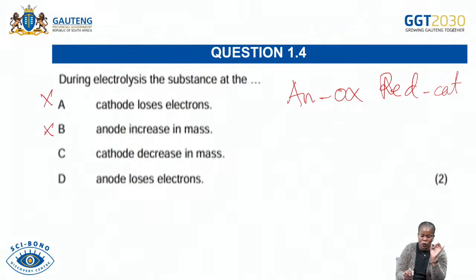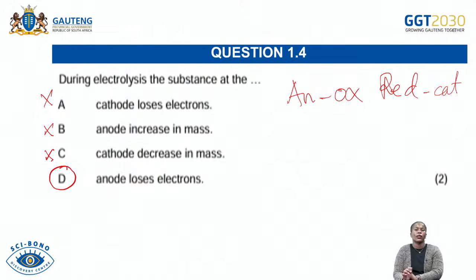It's a definite no-no. Cathode decreases in mass? It's a no-no because the cathode will increase in mass. And then D, anode loses electrons. Very correct. Anode loses electrons because in the anode, that's where oxidation happens, and it is the loss of electrons.